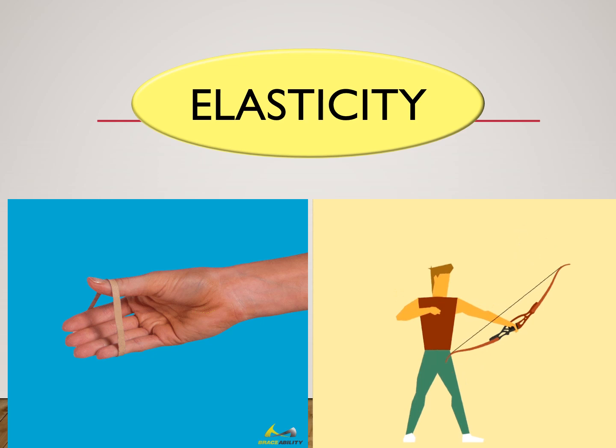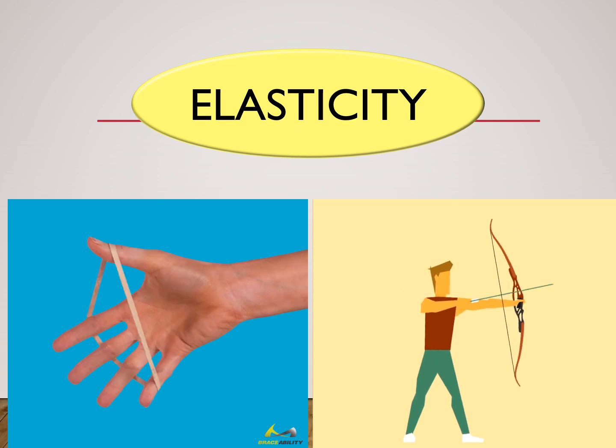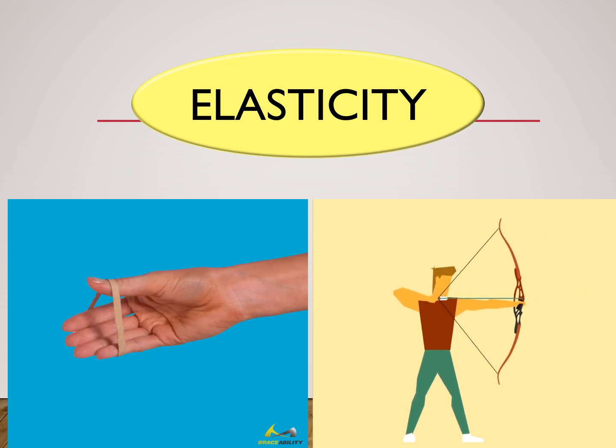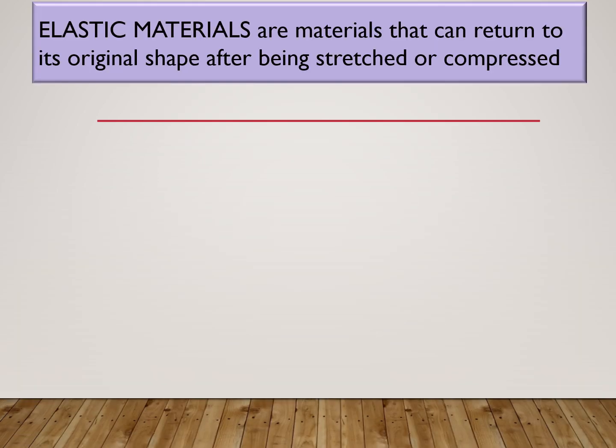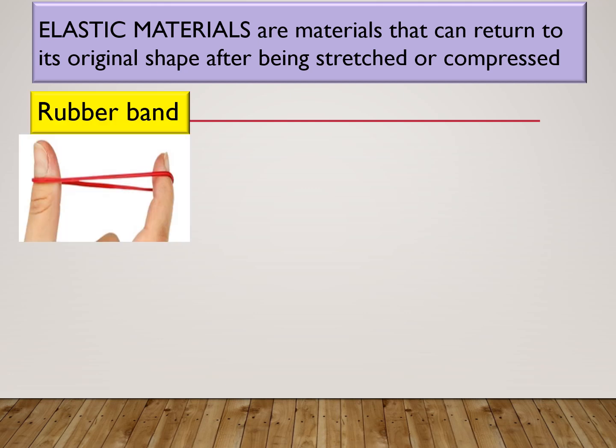Now let's learn about elasticity, the materials that are elastic. Elastic materials are materials that can return to their original shape after being stretched or compressed, such as this rubber band, which is made of rubber.